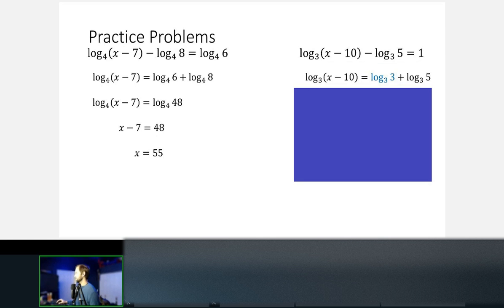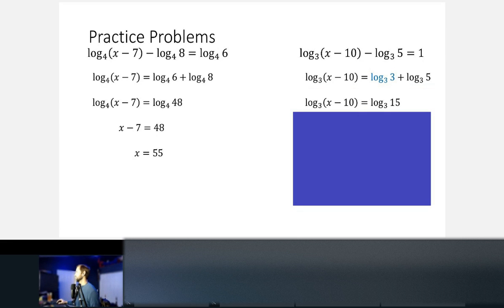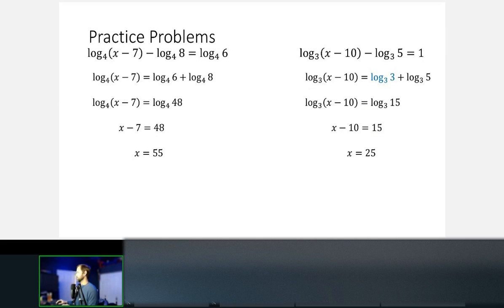So we get, what's 3 times 5? I forget. 15? I think that's right. 15. Now can we set x minus 10 equal to 15? Yeah, and we just solve.